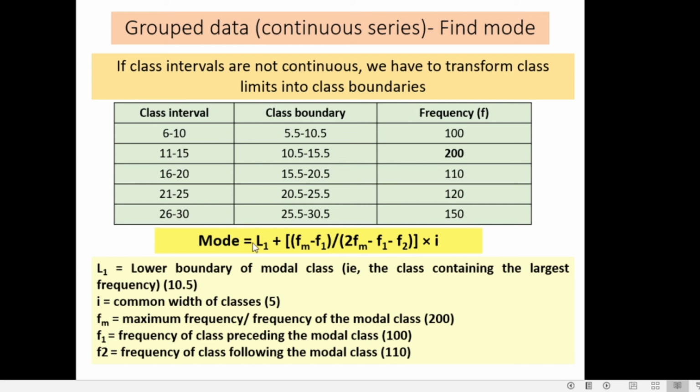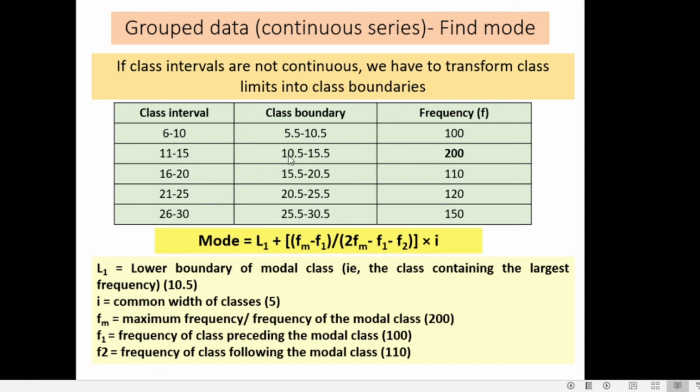So we will again go to the formula. Mode is equal to L1 plus (Fm minus F1) by (2Fm minus F1 minus F2) into I, where L1 is the lower boundary of the modal class. The modal class is that class which is showing the highest frequency, that is 10.5 to 15.5, and L1 is 10.5. Then I is the width, that is 5.